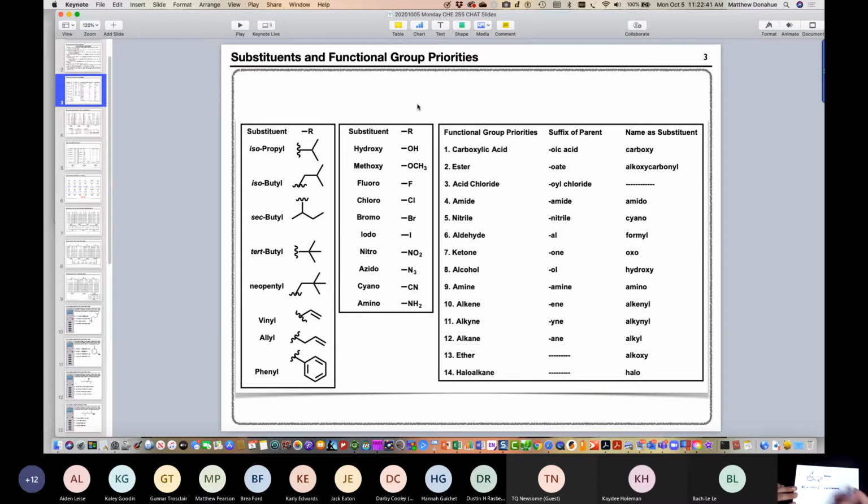As we saw in the prior slide, we have a 1 carbon unit that's called methyl. The difference between the prior problem and this one is you now have 2 different substituents. So what order do they go in? You look at the first letter of each. This is a B, this is an M. Alphabetical B occurs before M. So we're going to list them with the bromo being first, then the methyl.